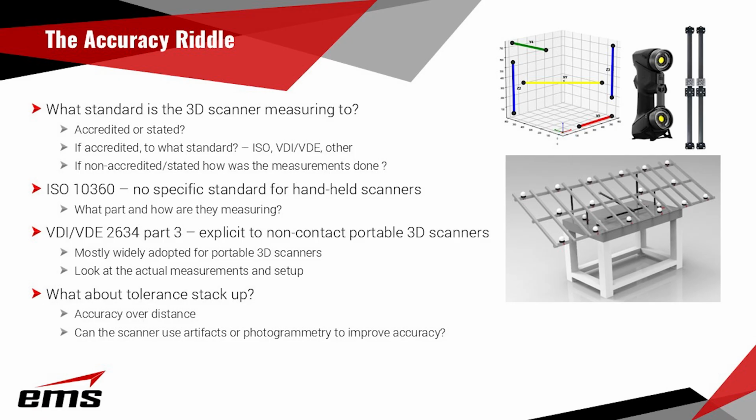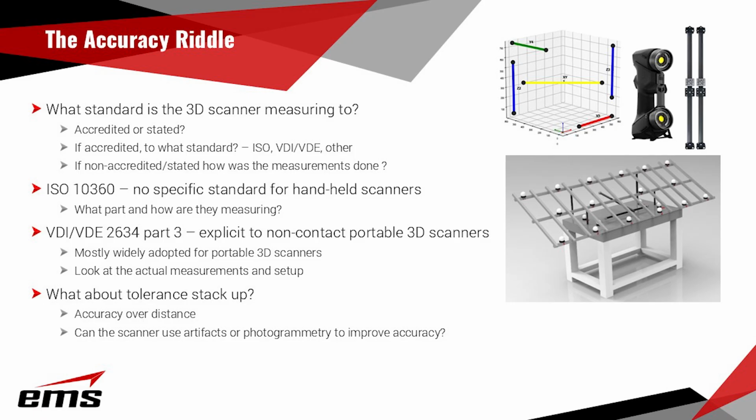And then the VDI VDE 2634 part 3, that is explicit to non-contact portable scanners. It's a pretty good standard out there. It's pretty widely accepted by most people for portable 3D scanners. But you also got to look at those measurements, and we'll go into that here in a little bit. You've got to look at the actual measurements and the setup.